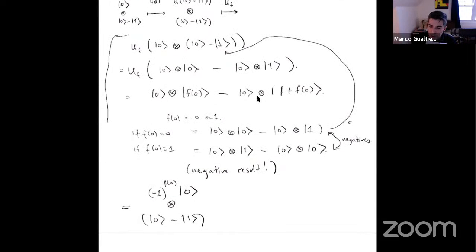Oh, sorry, I was switching my notation. Let me just put this normal configuration.